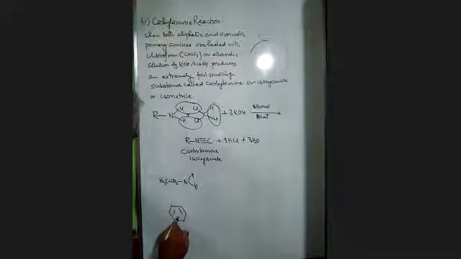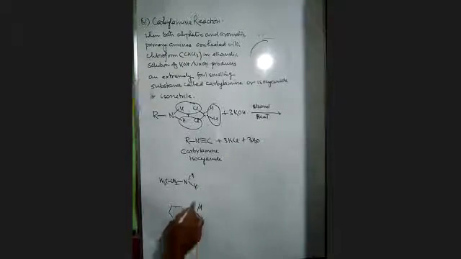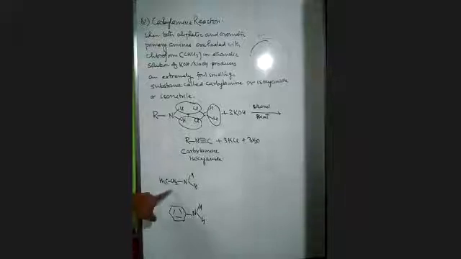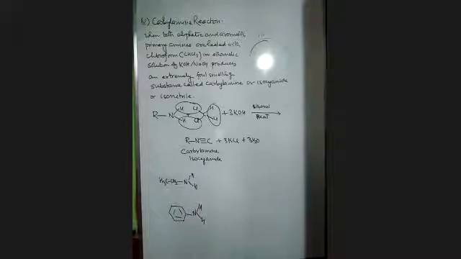Same reaction, exactly the same. You write the product. This is ethylamine and this is aniline. Name of the product will be ethyl isocyanide. Here the name of the product will be phenyl isocyanide. Do.